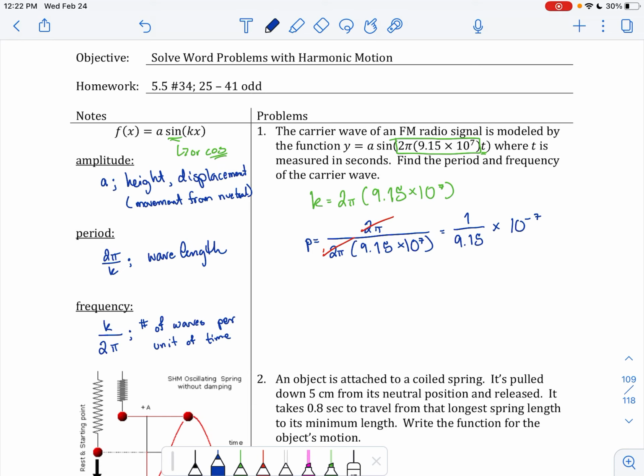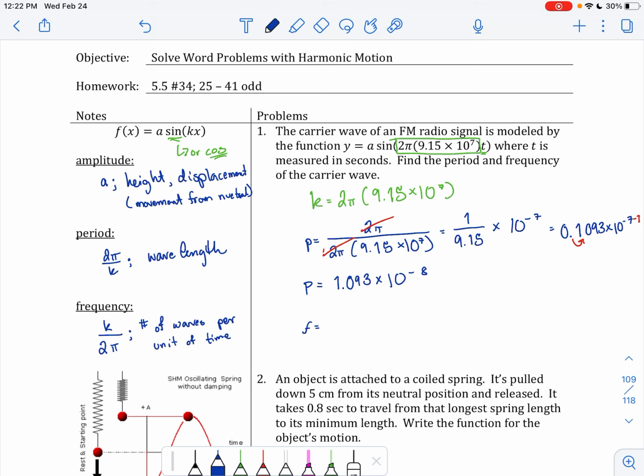Then 1 over 9.15 is equal to 0.1093 times 10 to the negative 7th. Move that decimal one spot because the number's too small, so we subtract 1, and we get the period is equal to 1.093 times 10 to the negative 8th. And this is the wavelength.